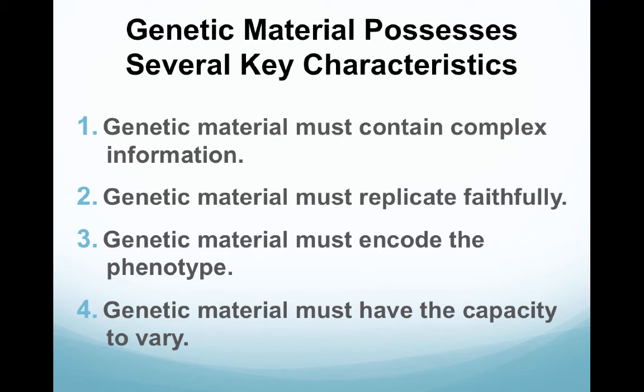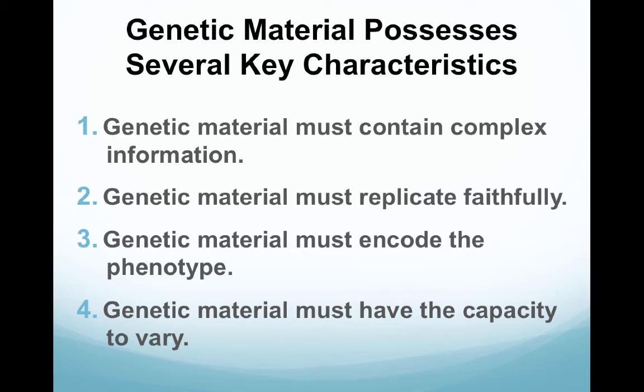All right, so switching gears, where we're headed with this is DNA and the chemical nature of DNA. So just keep in mind that there are going to be 4 major characteristics that the genetic material has to possess in order for it to be successfully transmitted from one generation to another and stabilized. The first characteristic is that the genetic material must contain complex information.